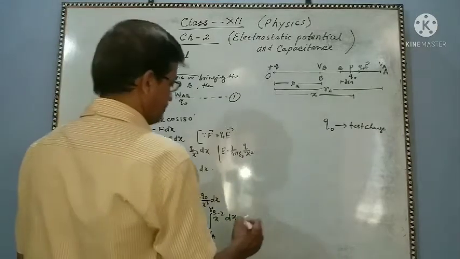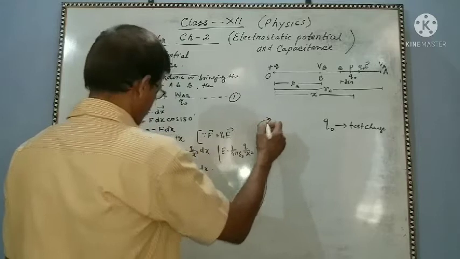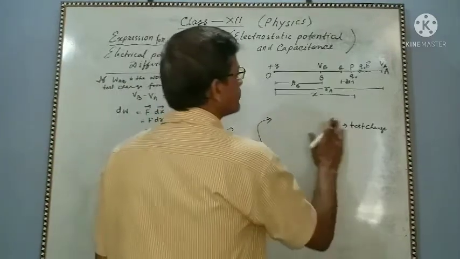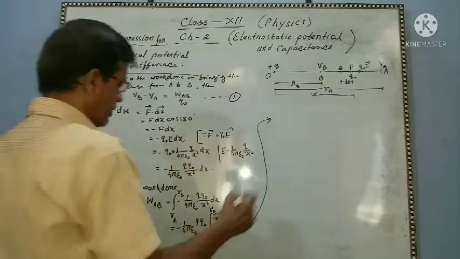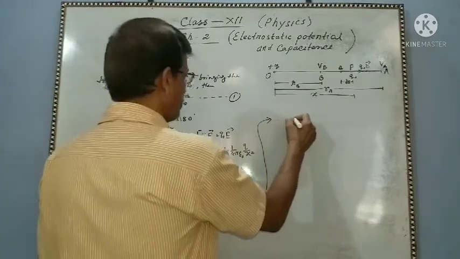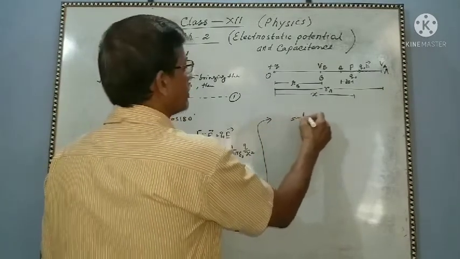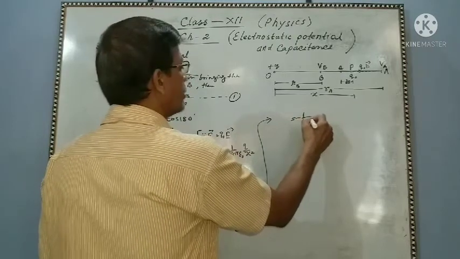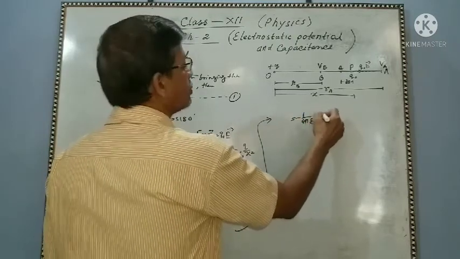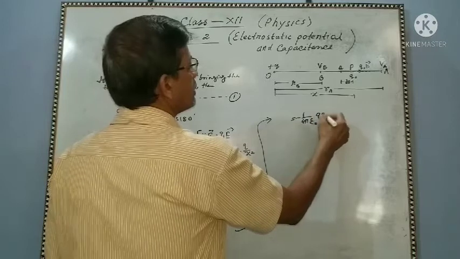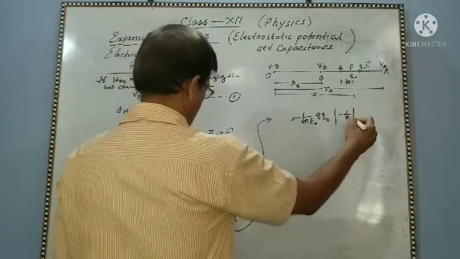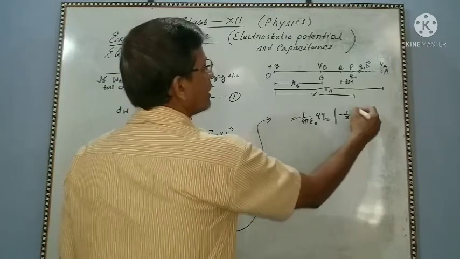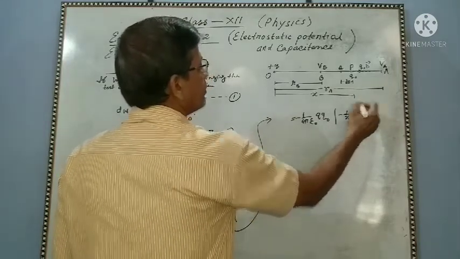Now you see, the integration of x to the power minus 2 is minus 1 by x. So WAB equals minus 1 by 4 pi epsilon naught Q naught times minus 1 by x from RA to RB.